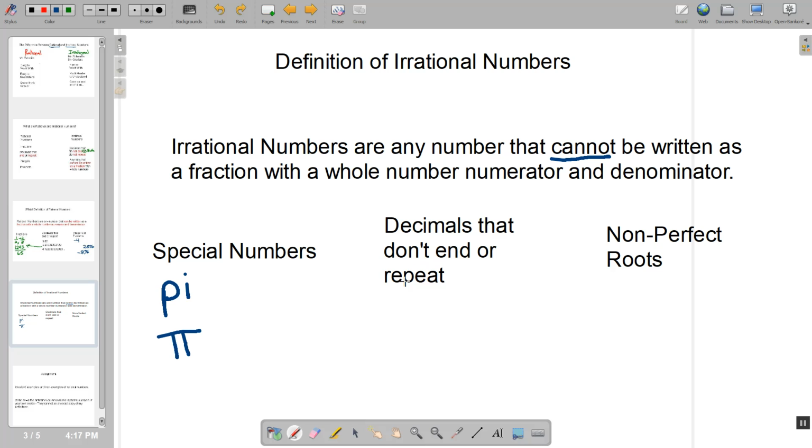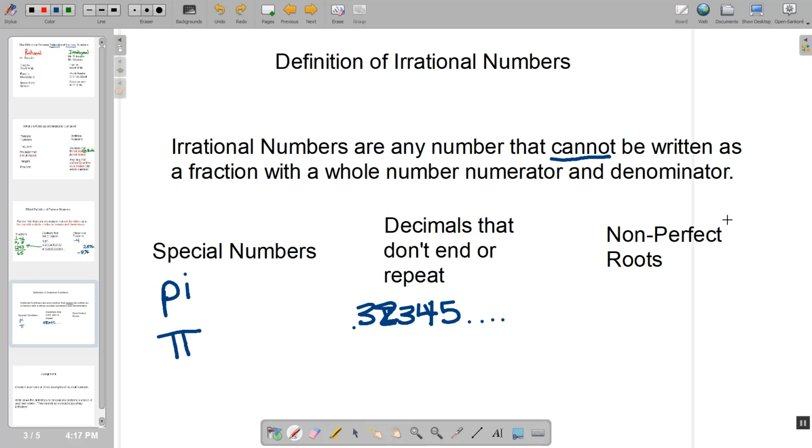Any decimal that actually doesn't end or repeat, so if I had a number that just keeps going, going, and going, and it never ends or repeats, that would make this an irrational number.